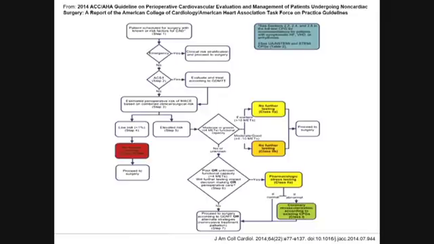The only thing that is class 1 evidence is the green box, and you see the algorithm coming down. That reflects the state of our science, which means we really don't have class 1 evidence to do a lot of the things that we think we should do. Having said that, I don't want you to think that there is nothing we can do and therefore we should just go ahead regardless, and I will emphasize what the difference there is.